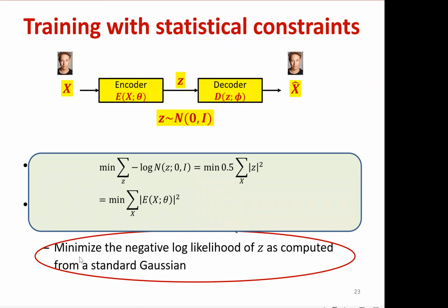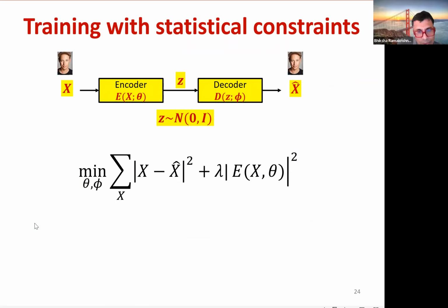And so you ended up with: given Z and X, I want to find the encoder. Given Z and X, I want to find the decoder. But I can map it all off as saying I go from X to Z and Z back to X. So I want to minimize the error between X hat and X. That's the autoencoder, while trying to ensure that Z is also a standard Gaussian.